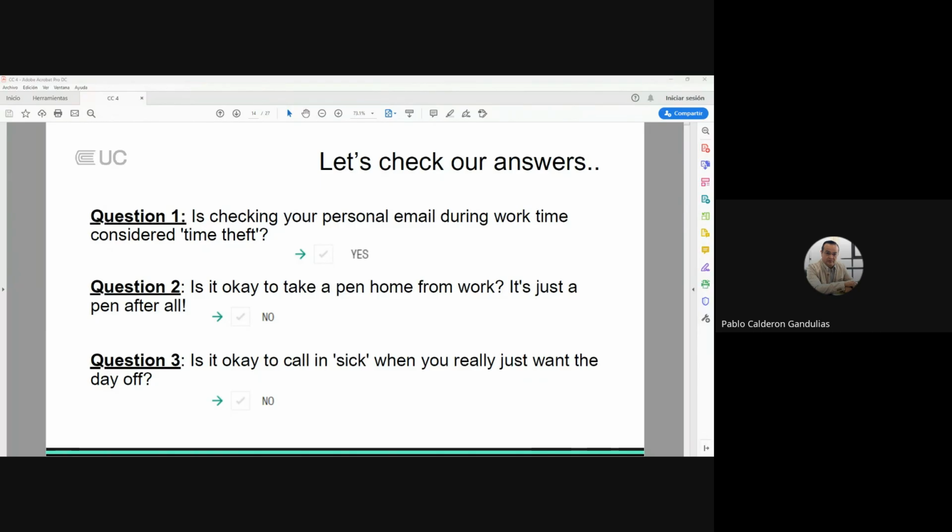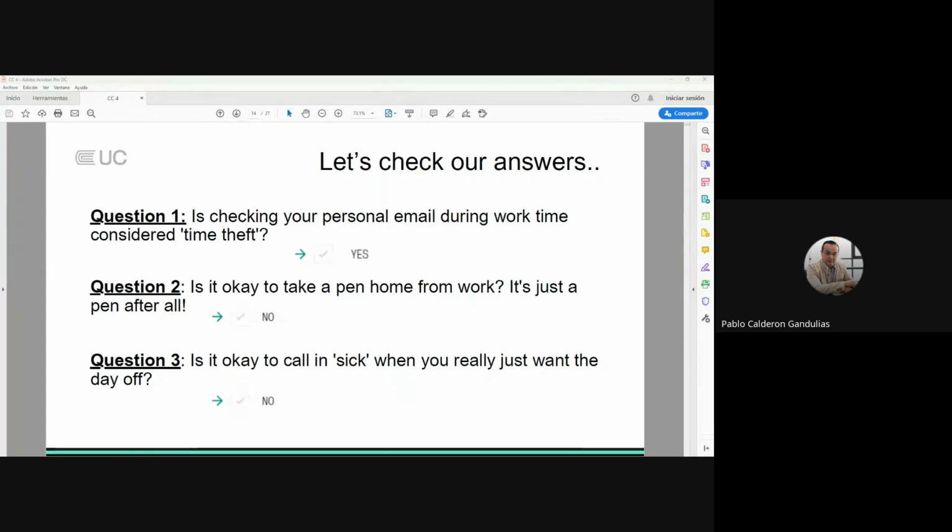Yes, because your work schedule should be for you to do your work, of course, not personal activities, unless it is an emergency. Okay.